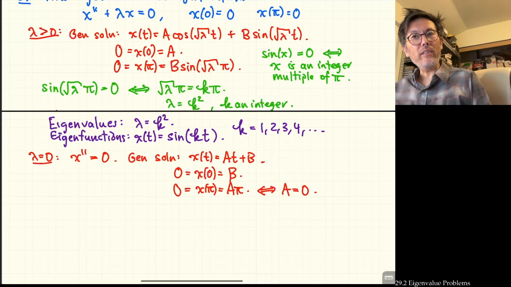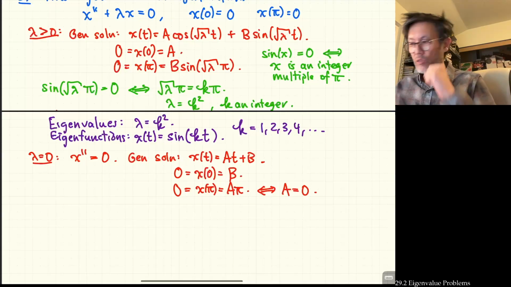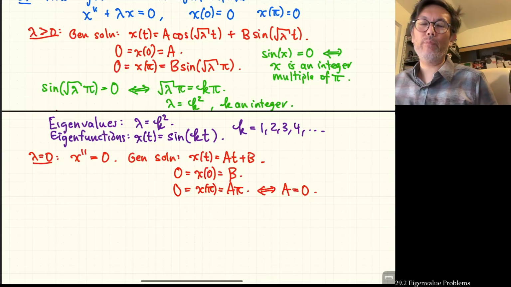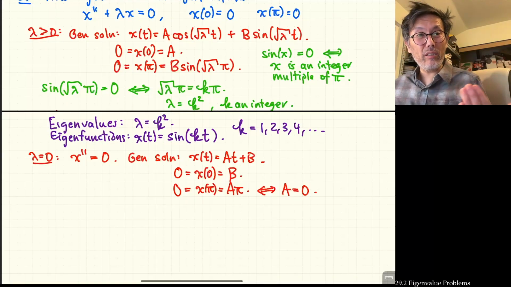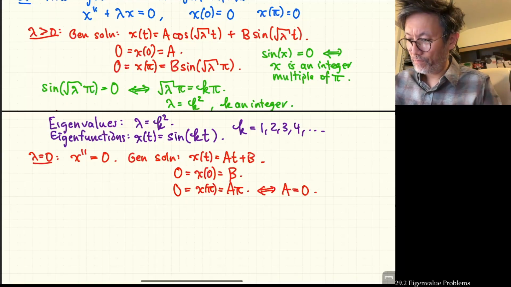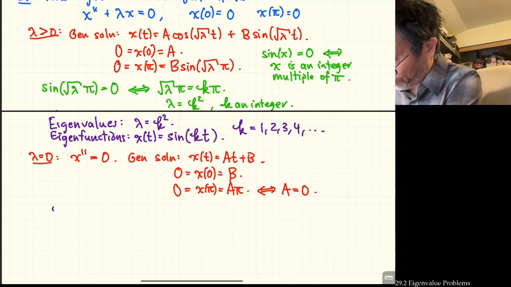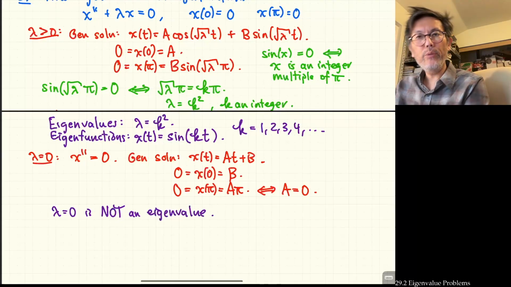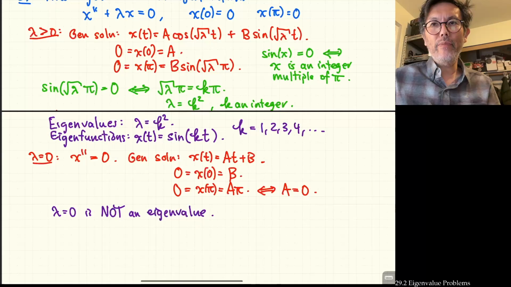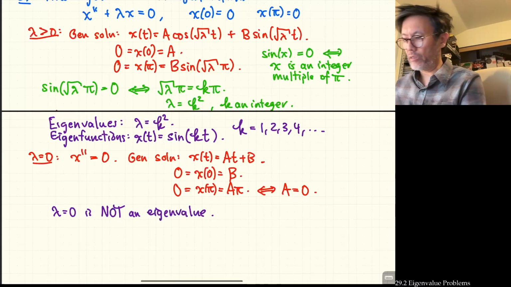That means a is 0 and b is 0, so that means that x must be 0. In other words, lambda equal to 0 is not an eigenvalue, because the only solution to the boundary value problem is the trivial one, when x is 0.